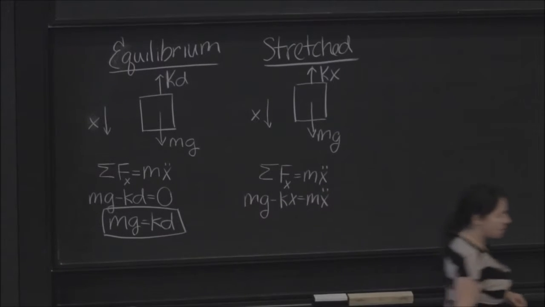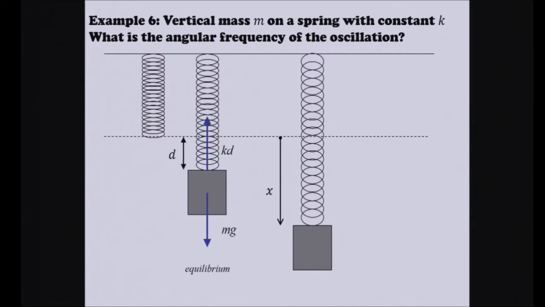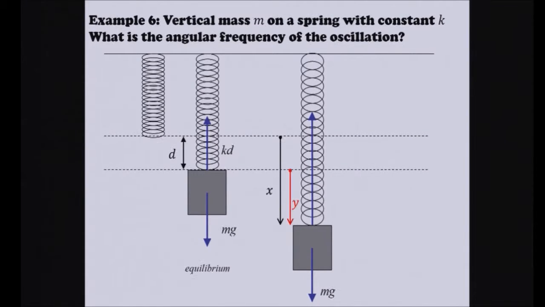All right, well, I'm thinking I might be able to make this a little prettier if I change my variables around a little bit. So you notice that in that distance x, if I define a new distance, which is how much did I actually pull it back? So we put this guy at equilibrium. This is your distance d. Let me define a new distance y to be how much more I pull it from that position.